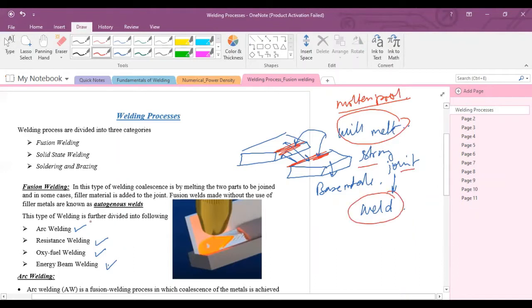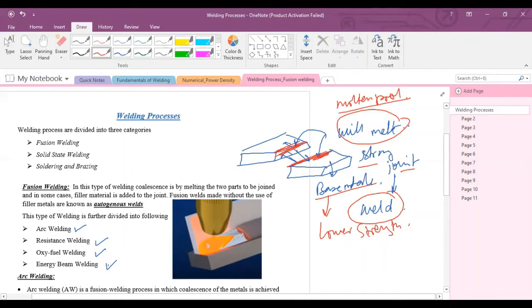In fusion welding, sometimes filler material is added to the weld and sometimes not. It depends on the metal. If the base metal has low strength, then filler material is added to the joint, otherwise not.